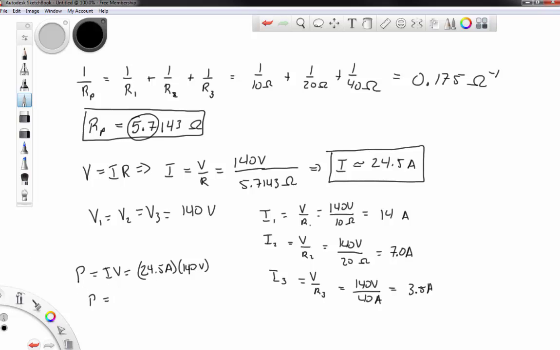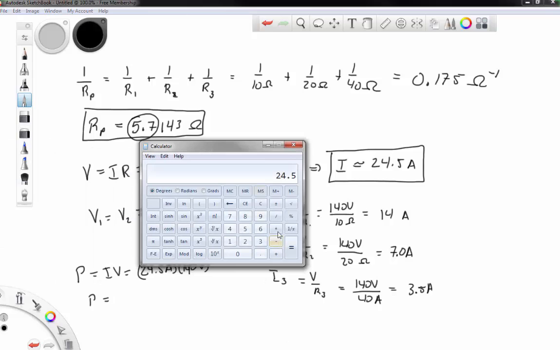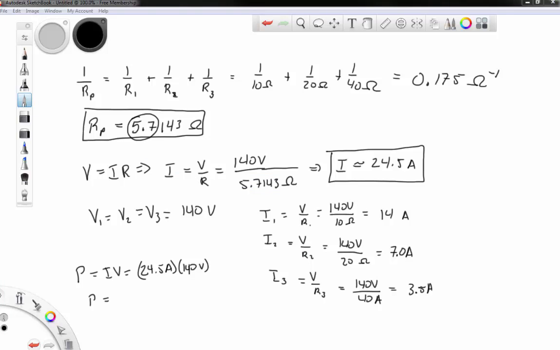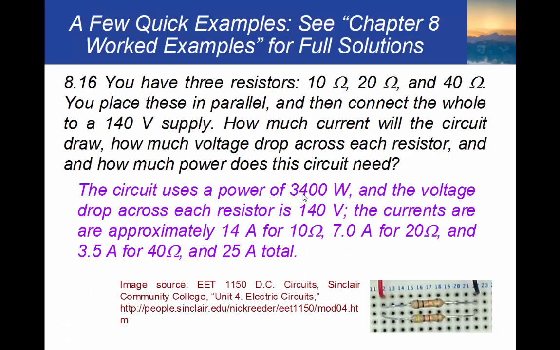So the total power draw is going to be this times 140, should be 3400. Okay, so 3430 watts, and of course this is 2 significant figures again, so there is our power draw. So 3400 watts of power.